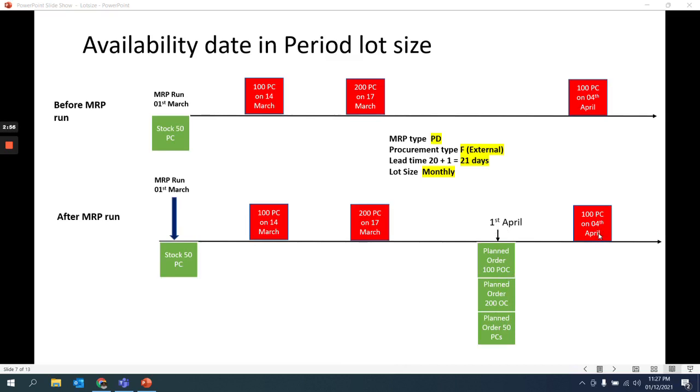We also have one more requirement on 4th of April, so for this also the system will try to create the order on the 1st of April. That's why on 1st of April, the system is confirming that receipts are available. So even though the demand is in March, the system confirms the available date as the 1st of April.